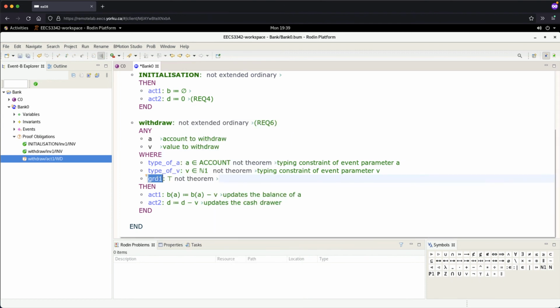Let's say WD for B of A. I'm just making a label over here to make sure we understand. In order for B of A to be well-defined, we want to make sure that A is a member of the domain of B. All right, this is really needed. Okay, and save. Well, everything is proved.